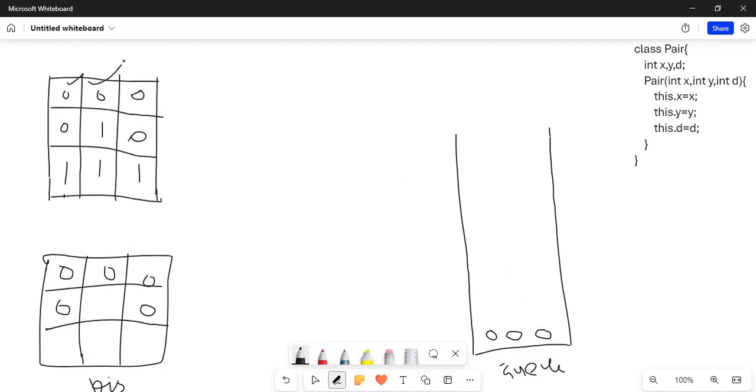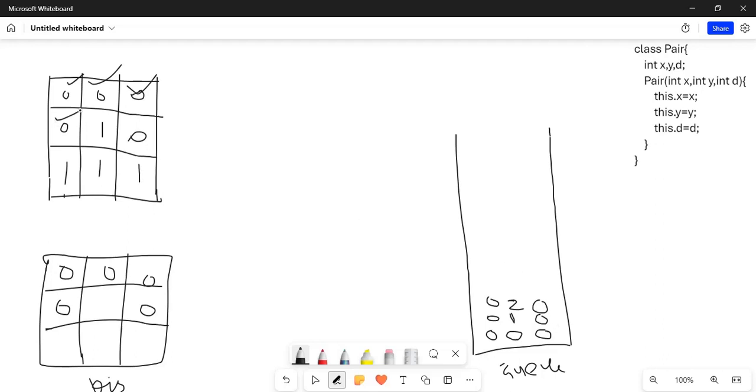Now for this, the row will be 0, column will be 1, and distance will be 0 because it itself has value 0. So the nearest 0 is at d distance, that means at 0 distance.